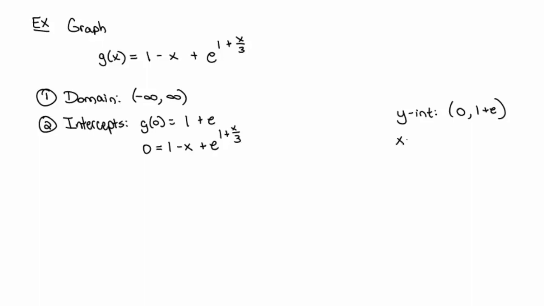So x-intercept: cannot find by hand. That doesn't mean they don't exist, but it just means that I can't find them right now. Now, something that you should note is that, in the long run, this function does not actually have an x-intercept.